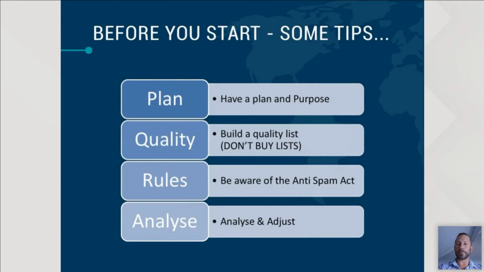So before you start, make sure you plan it out, have a purpose, have a goal for what you want your email marketing to do. We talked about automation before. The good thing about automation is you can actually plan the sequence of emails and think about what you want that sequence of emails to say. Remember, oftentimes people are subscribing to you for the first time, and so you don't sell to them right away.